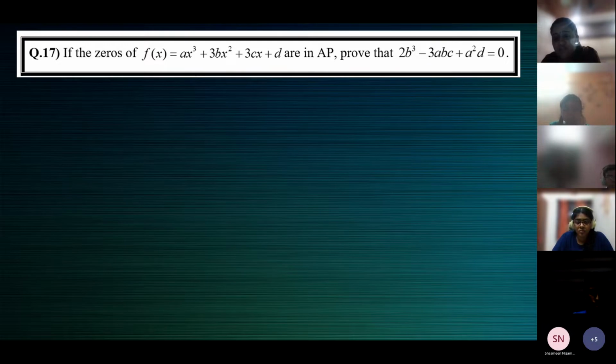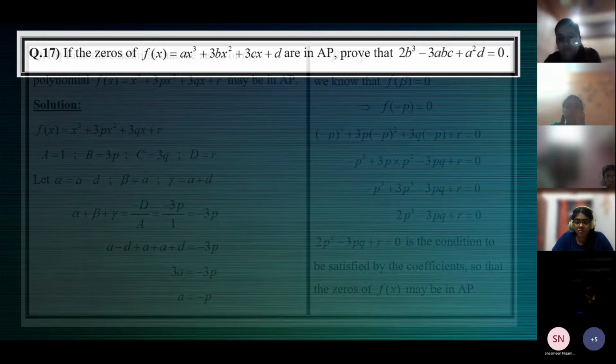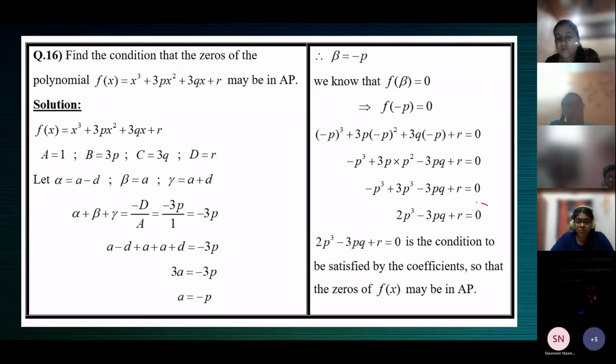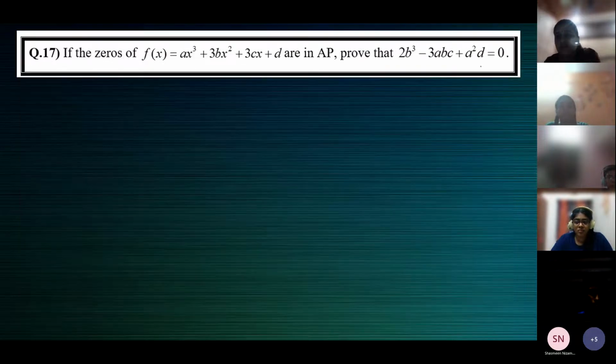Instead of asking you to find the condition, they are saying prove that. When you follow the same procedure, you will get this condition finally. It's very similar to the earlier one.